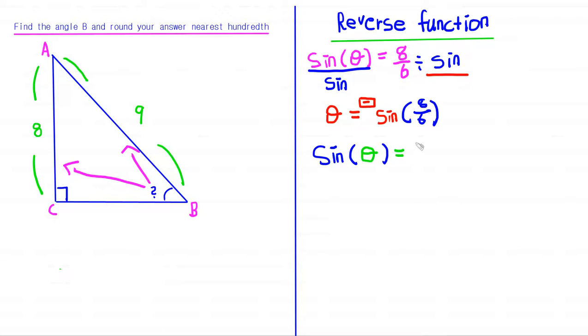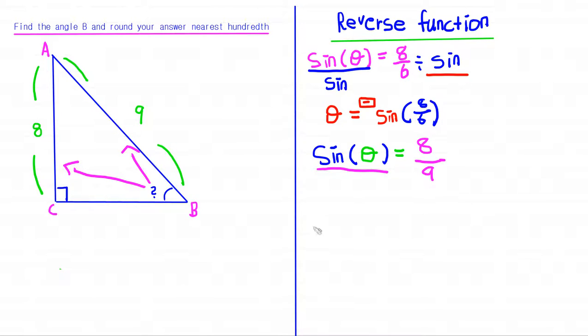The opposite side over the hypotenuse is sine, so that's why we apply sine in this question. So sine of theta is equal to the opposite side, which is 8, over the hypotenuse, which is 9.